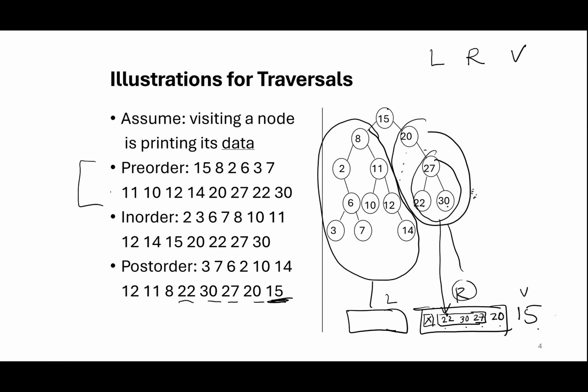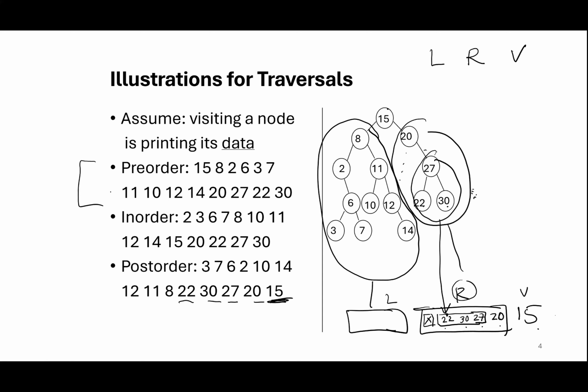So there are three things: traversing the left subtree, traversing the right subtree, and visiting the root. I hope in-order, pre-order, and post-order is now clear to you. Based on some trees, do this or just Google it and try to practice in-order, pre-order, and post-order ordering of a tree.